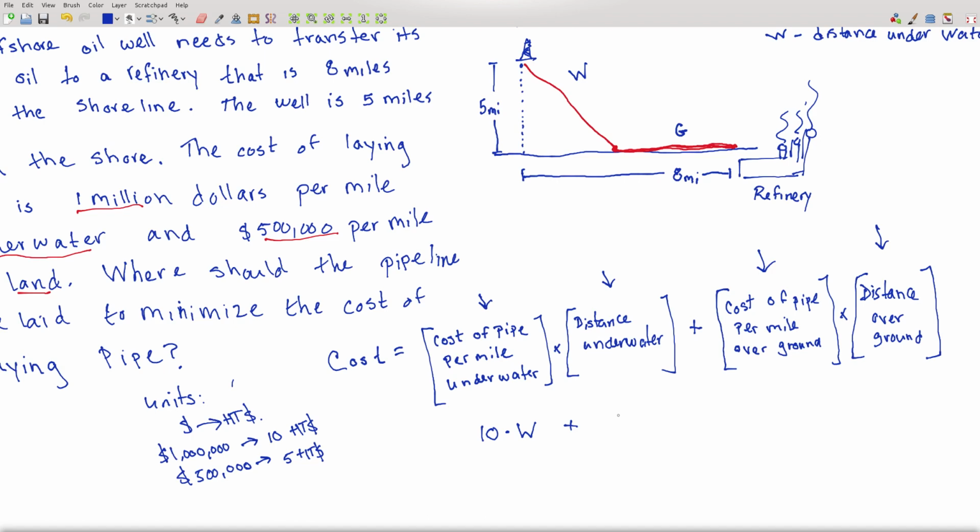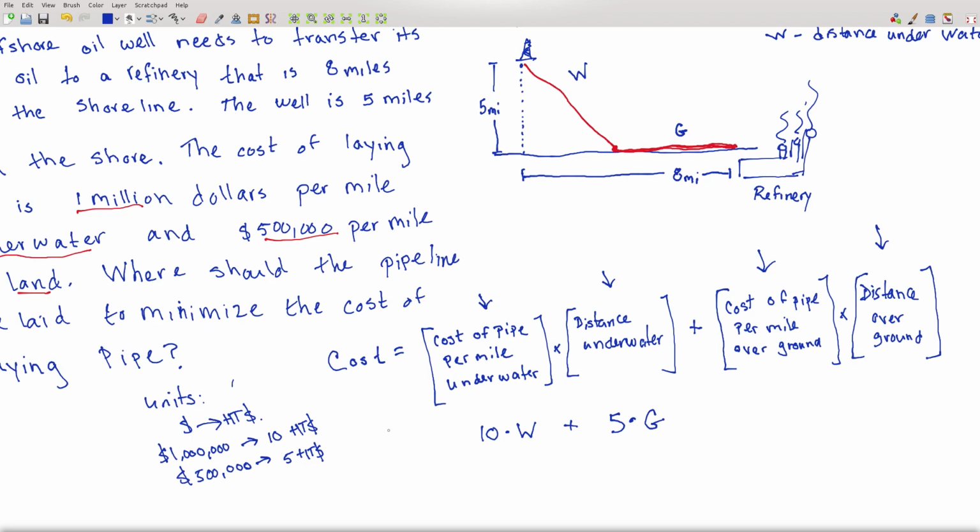Which turns out to be $500,000, which in units of $100,000 is just 5, times the distance over the ground, which we have a symbol for now. That is G.